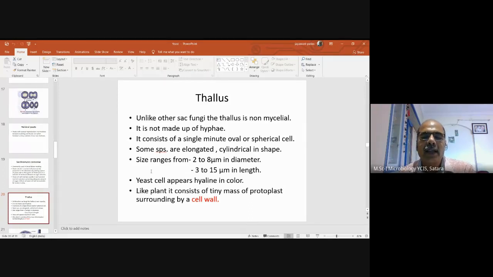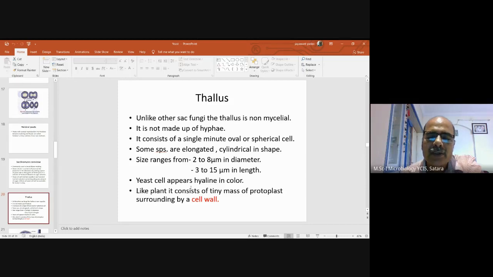As far as the size of yeast is concerned, it ranges from 2 to 8 micrometer in diameter and 3 to 15 micrometer in length. Each cell appears colorless or transparent.